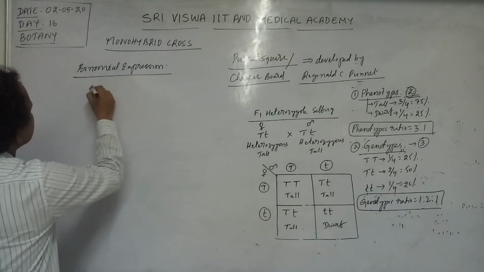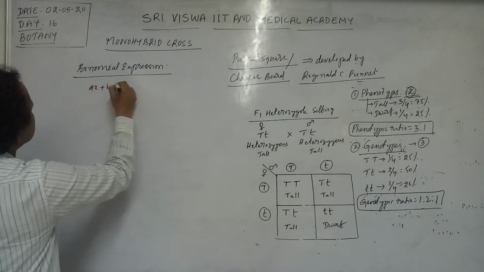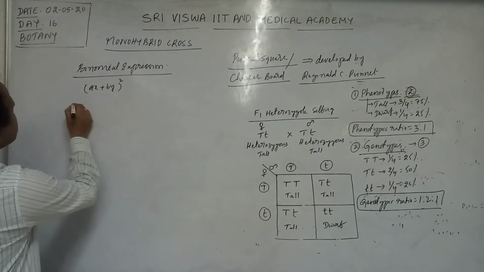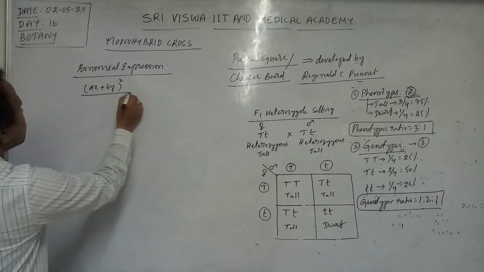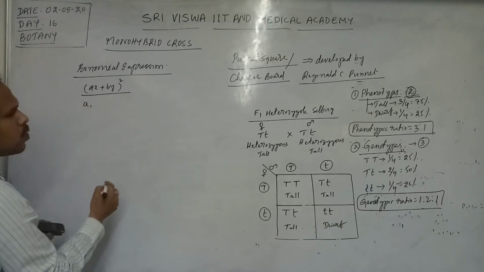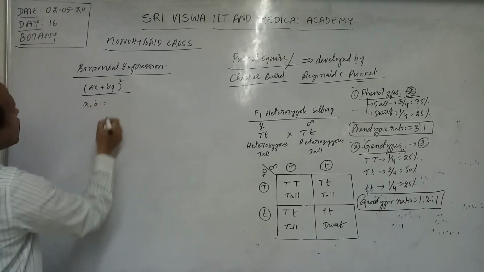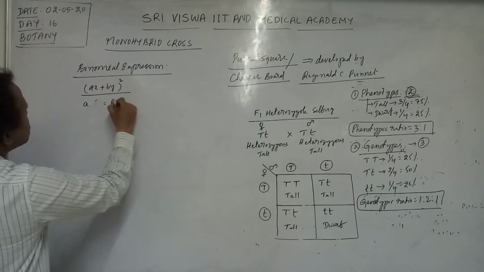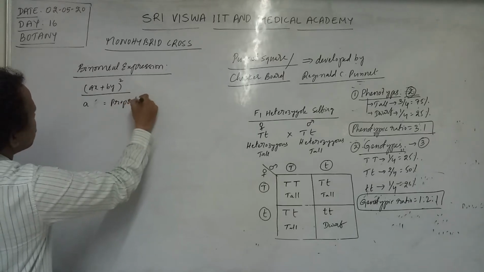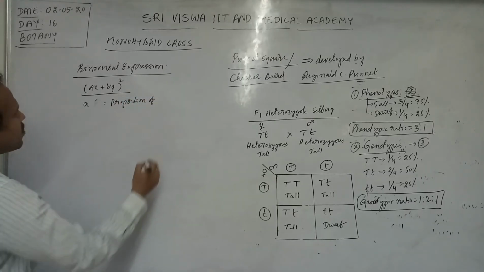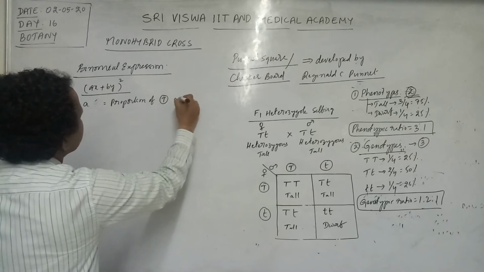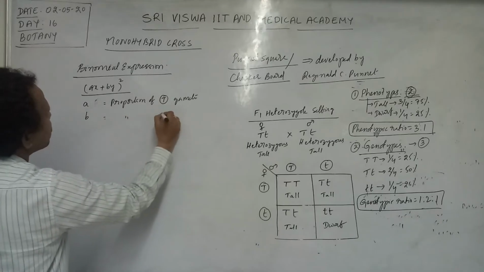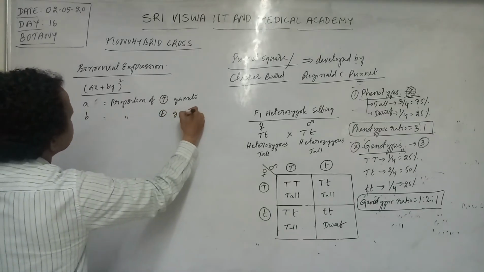According to binomial theorem, (ax plus by) whole square. In (ax plus by) whole square, a and b, for example, say a is the proportion of capital T gamete, b is the proportion of small t gamete.